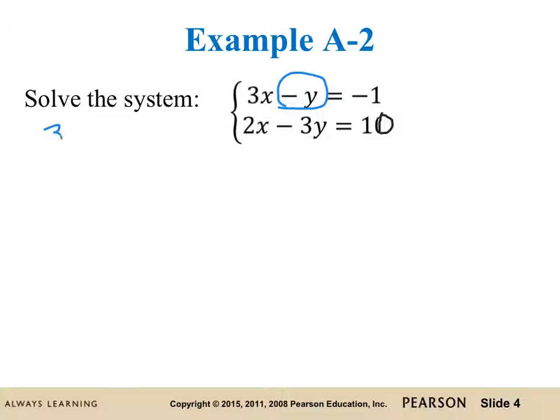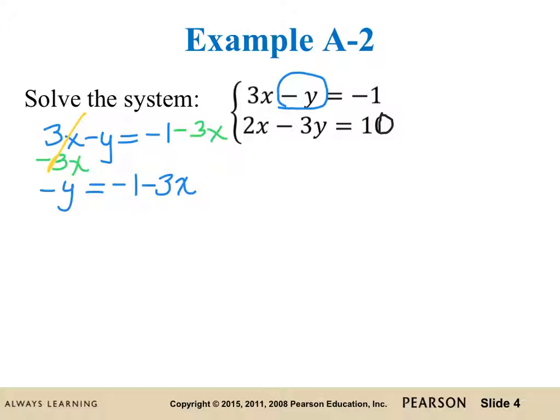So in order to do that, we'll take 3x minus y equals negative 1. We will subtract 3x from both sides. And that will leave us then with negative y equals negative 1 minus 3x, or negative 3x minus 1. That's your choice. And then we will multiply both sides of the equation by negative 1.